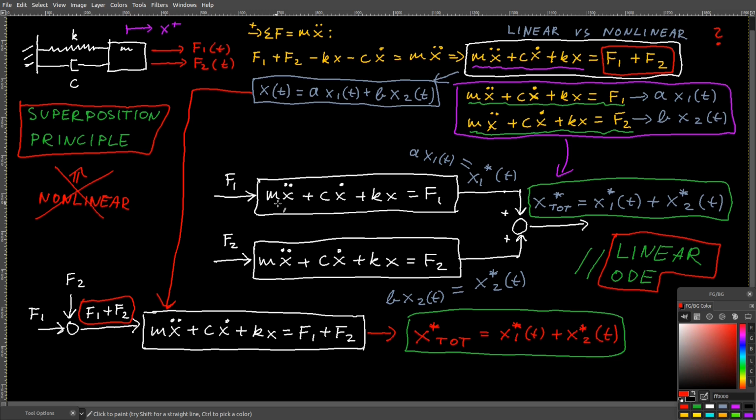By the way, these equations are called ordinary differential equations because they are only differentiated with respect to one variable. In this case, it's time.